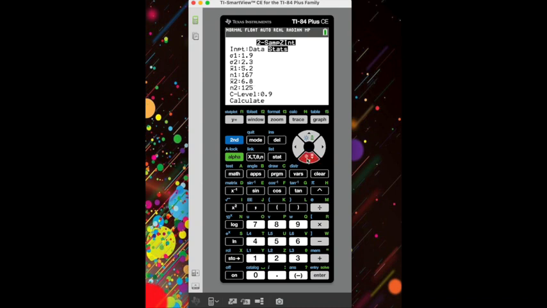We're doing a confidence level here of 95%, so I'm going to put in 0.95 here. I'm going to tell it to calculate, and here is what the calculator gives us. The calculator gives us negative 2.096 for my lower bound, and then negative 1.104 for the upper bound.